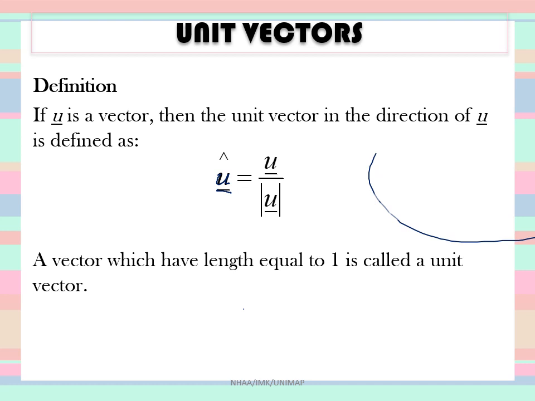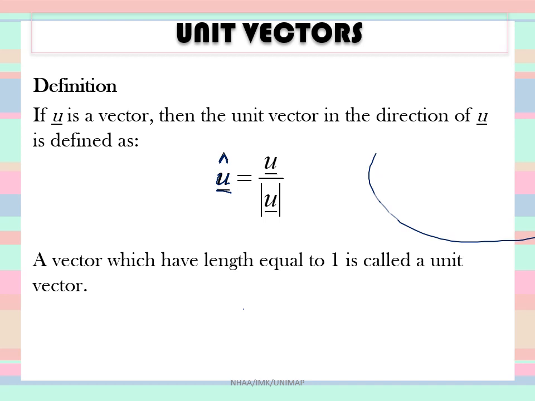But if you see a hat on top of vector u, this is called a unit vector. The unit vector is defined by the vector u divided by the length of vector u, the magnitude of vector u.